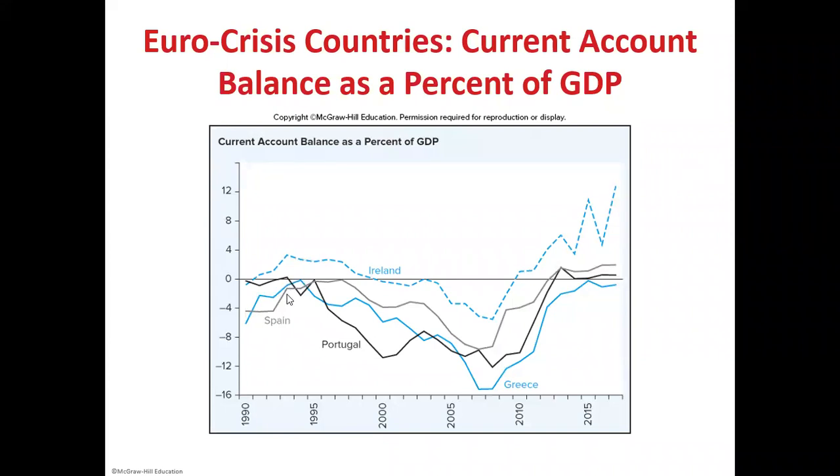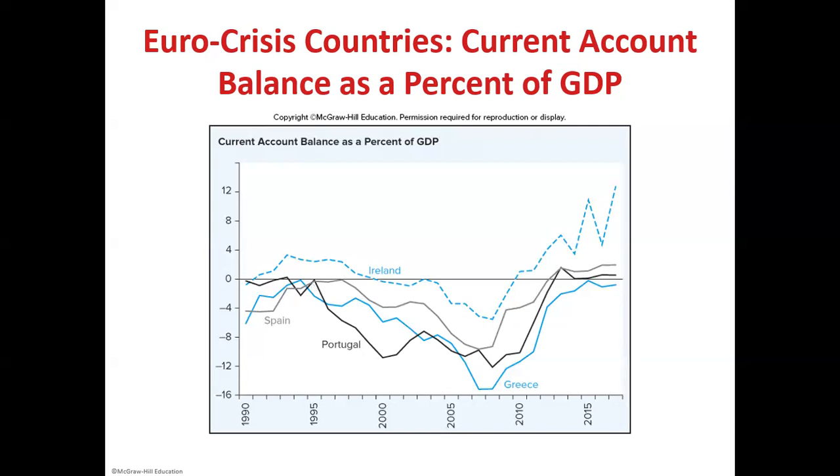During this time, just think of this point of time, close to 1995, Spain, Portugal, Greece, these countries are very close to no deficit, no surplus position, or 0% current account balance as a percentage of GDP. We see no surplus, no deficit condition. I mean, very close to this 0%. Okay.